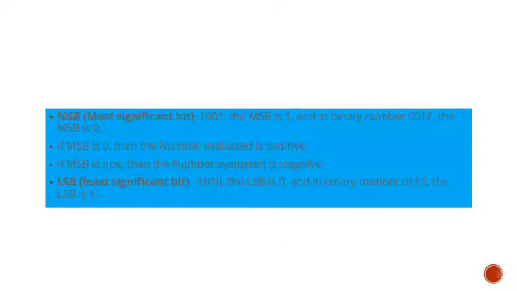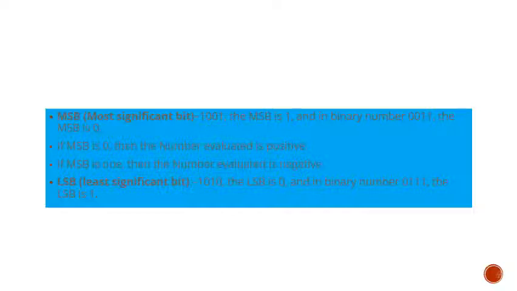The leftmost, higher order bit in the binary number has a higher weight. For example, in binary number 1001, the MSB is 1, and in binary number 0011, the MSB is 0. If MSB is 0, then the number evaluated is positive.